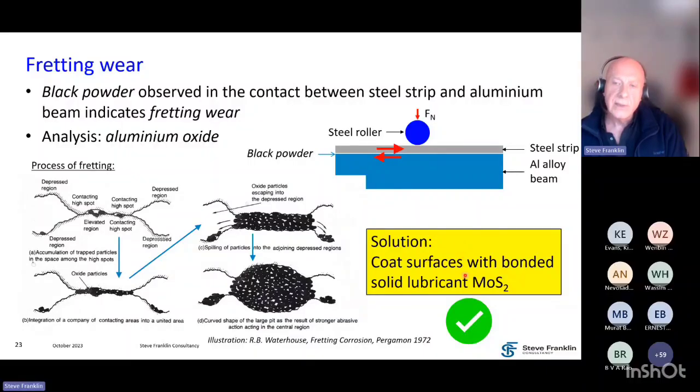And so the solution here is simply to coat the surfaces with a bonded solid lubricant like molybdenum disulfide. In this case, it's a fairly common solid lubricant that can be sprayed onto surfaces, and then you can heat the surface to bind the coating onto the surface, and then put the steel strip back on again, and then the problem also goes away in this case.